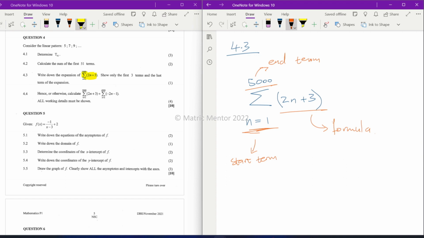But we don't want to just find the value of the nth term. We want to find the sum of the terms from the first term all up to the 5,000th term, where each term is calculated by this equation 2n plus 3.